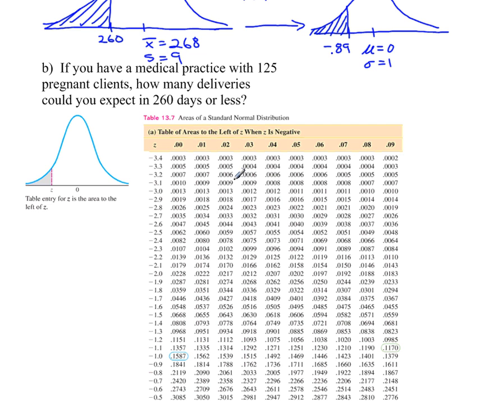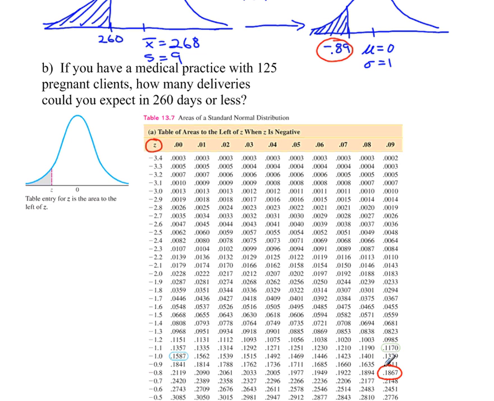This particular table gives us the area under the curve to the left of a negative z-score. In our case, the z-score is negative 0.89. We look at our z values, find negative 0.8, which is right here. We scan across till we get to the 0.09, so we're now at negative 0.89.